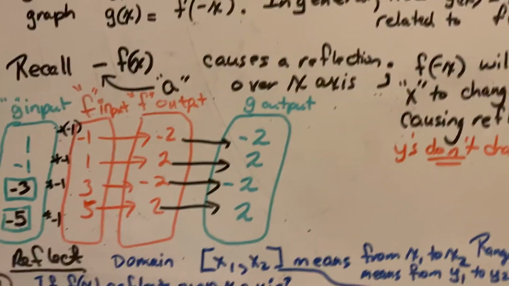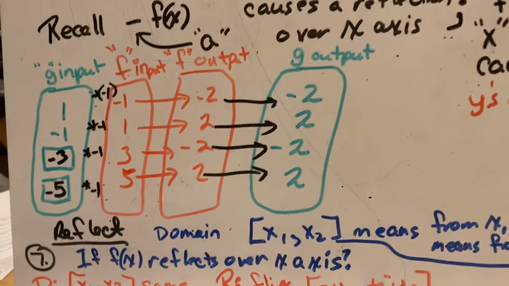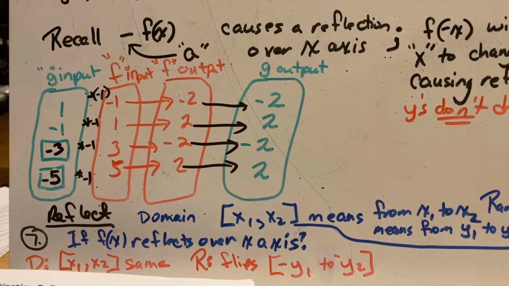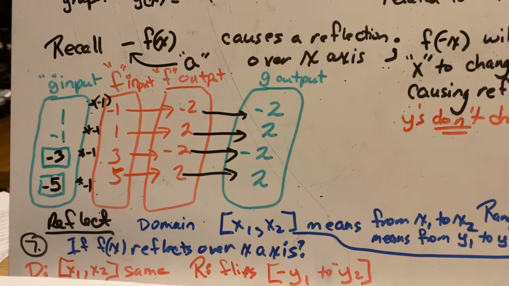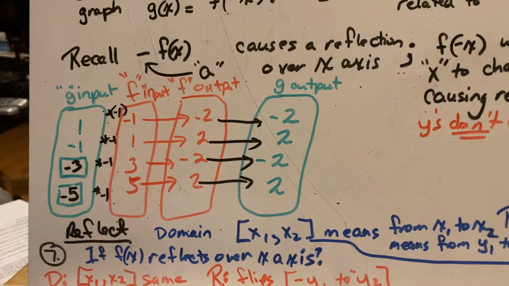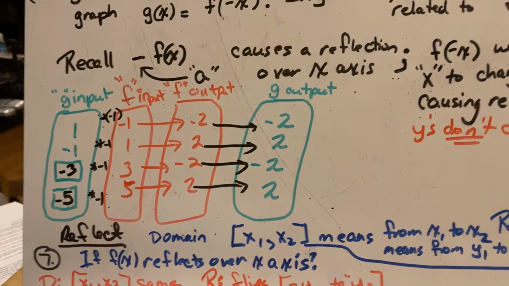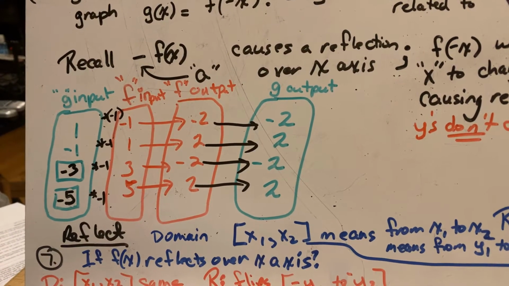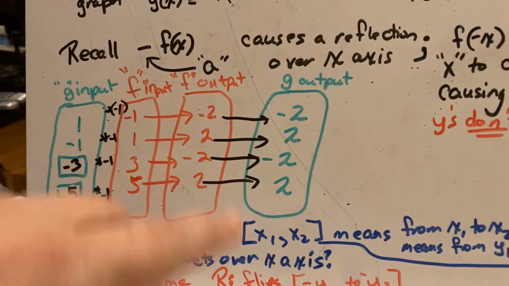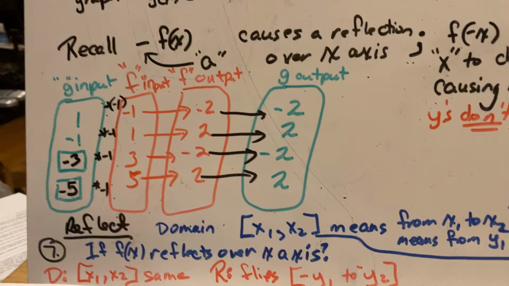So let's take a quick look at the input-output. Again, this is in your assigned workbook pages. I've made the input and output for g a different color than f's input and output, just so that it's easier to see. f's input and output is given: -1 maps to -2, 1 maps to 2, 3 goes to 2, and 5 goes to 2.